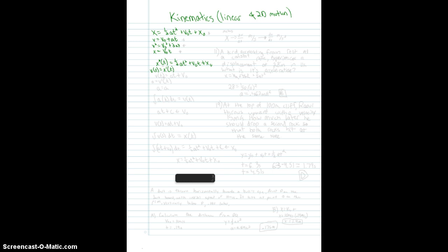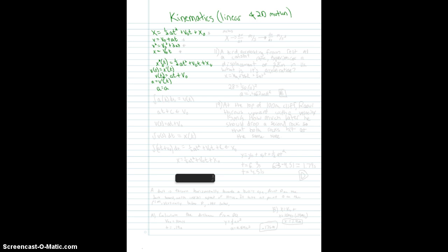When you take the derivative of that, you get velocity equals a t plus v sub o. And we also know that acceleration is the derivative of velocity. So when you take the derivative of the above equation, you just get a, which proves that acceleration is the derivative of velocity.